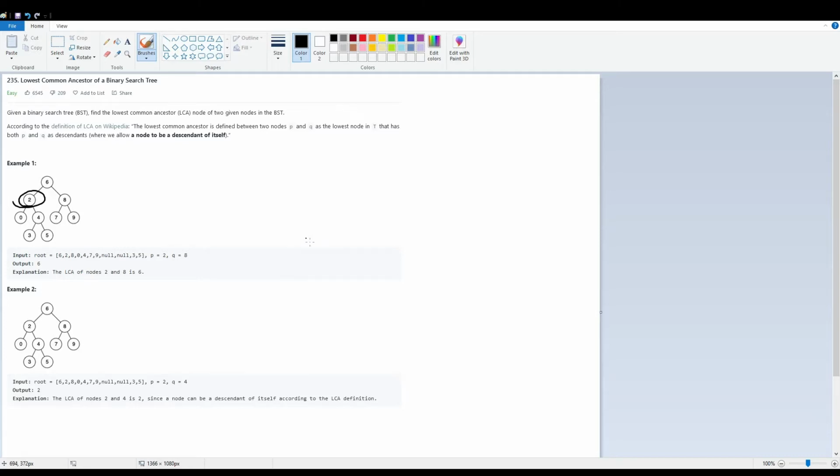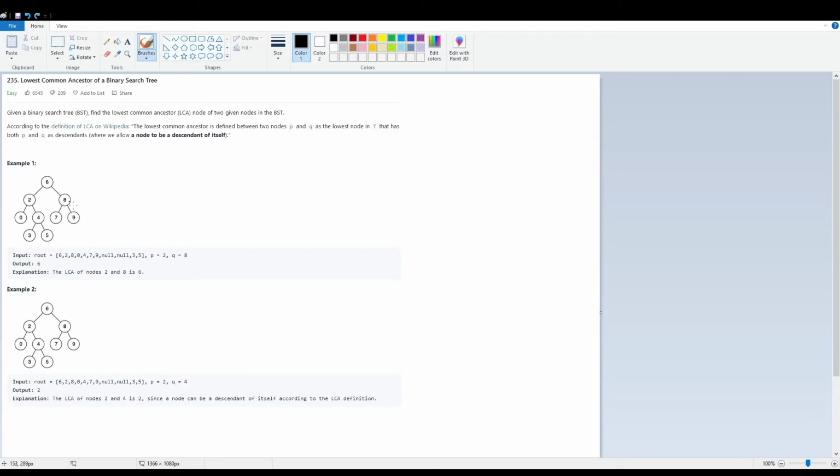Okay, so how are we gonna go about this? Basically we have to check: is the node either P or Q? If it is, then we found the lowest common ancestor.